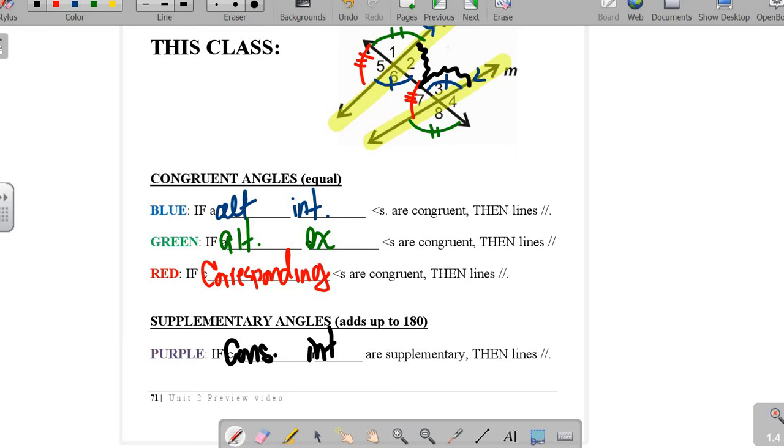And if I told you angles 2 and 3 added up to 180, then the lines would have to be parallel. So if you notice, the order is opposite. Something happens, then lines are parallel.